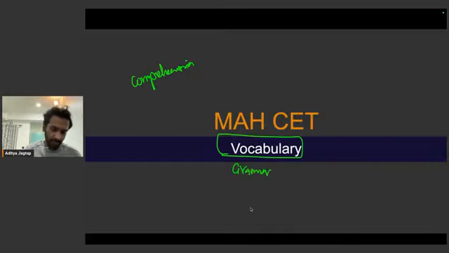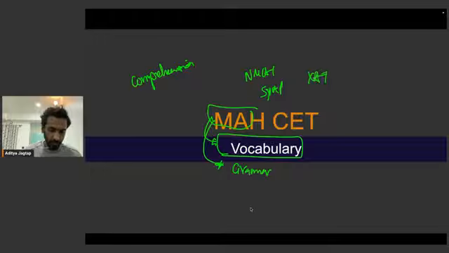The MHCT checks for vocabulary and grammar extensively, right? So does the NMAT and SNAP, right? And so does XAT, although XAT is difficult, so XAT is not applicable in this case. So these exams actually ask vocabulary and grammar currently.